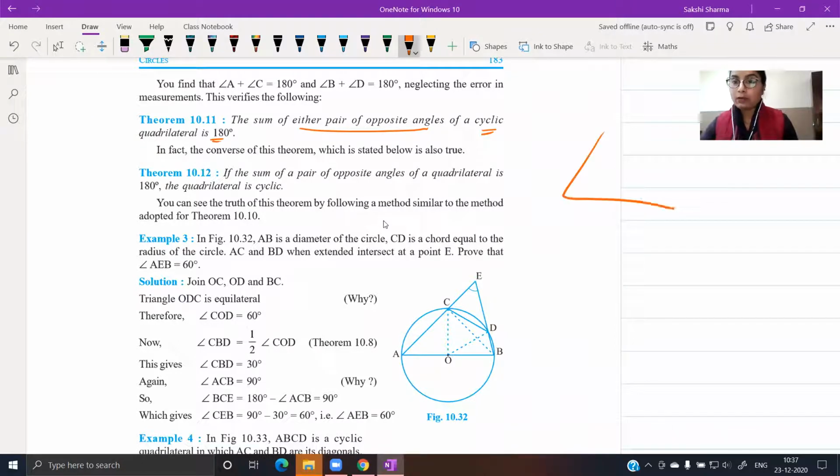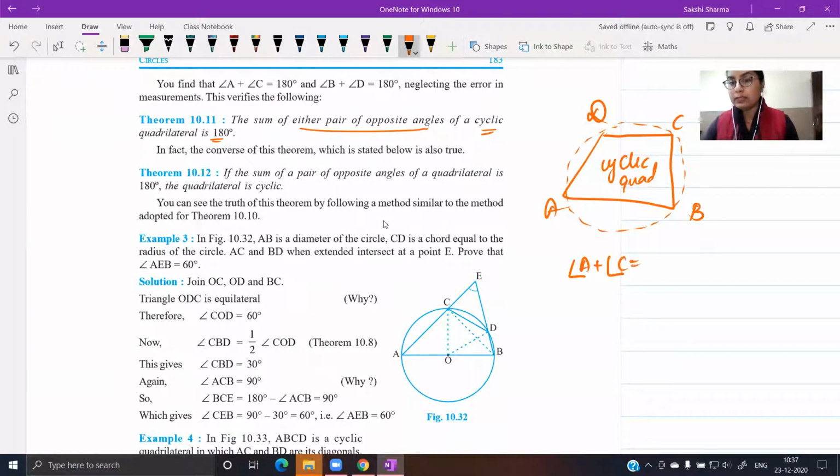So if you have a cyclic quadrilateral, meaning 4 points lying on the circumference of the same circle, ABCD here is a cyclic quadrilateral. The sum of its opposite angles will be equal to 180 degrees. Pair A and C will be supplementary, and pair B and D will be supplementary. Always.